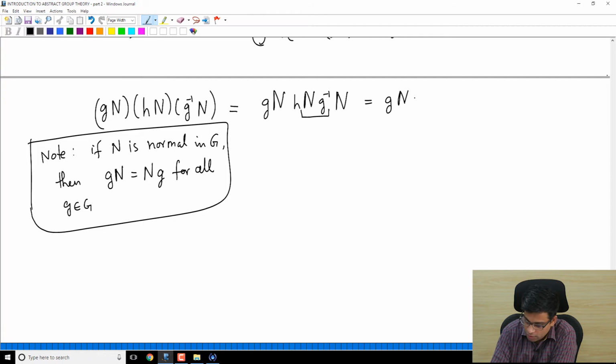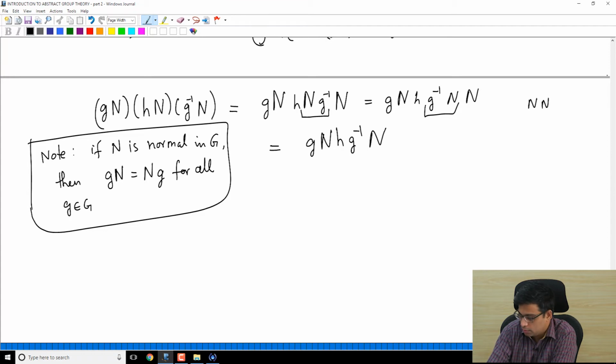So in Gn H G inverse n n, I am just switching Ng inverse and writing it as G inverse n. But this is Gn H G inverse n n.